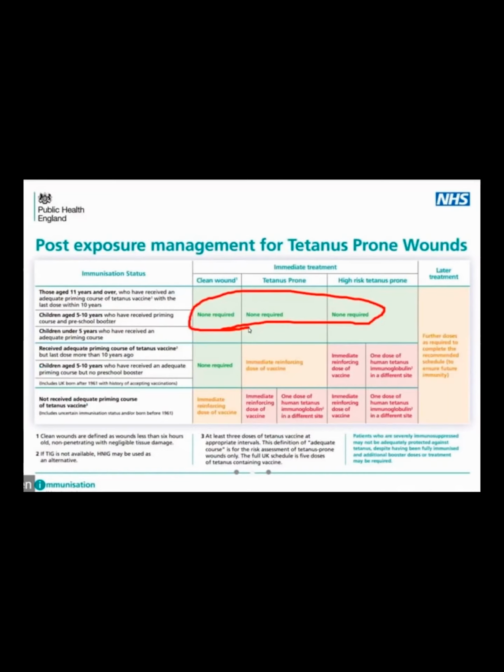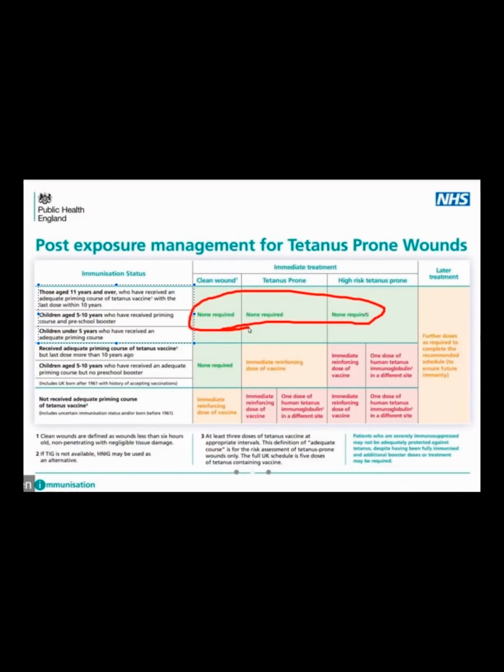Okay, so who has all the doses? This is the first one, dear. This is the first box. If somebody has already completed the vaccine, or completed or not completed, but the last dose is just within the last 10 years, then whatever the wound, you see here, no need of anything, no need of vaccine, no need of immunoglobulin.